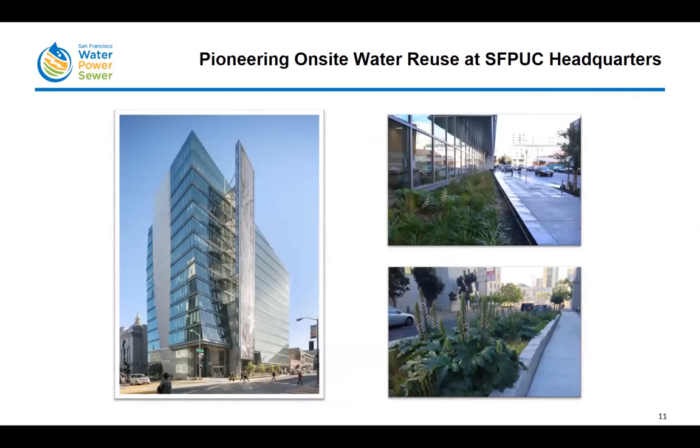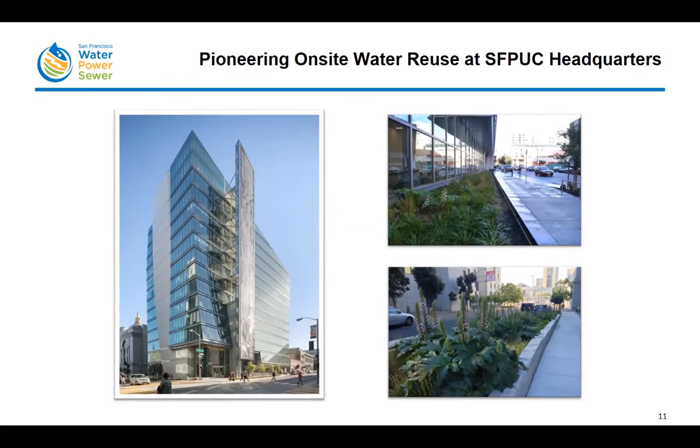We have been pioneering on-site water reuse here at our SFPUC headquarters building. We're in the Civic Center neighborhood, and we moved into this building in 2012. Our organization, to demonstrate our commitment to sustainability, really wanted to showcase some innovative features in our building, and that included this on-site blackwater treatment system.